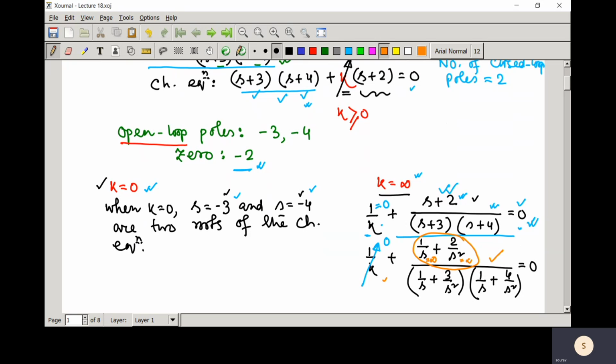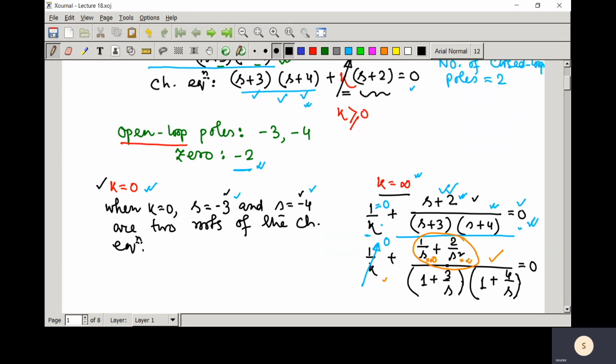Here I think there is a mistake, so that would be 1, because we are dividing by s square, so it would be 1 plus 3 by s plus 4 by s, otherwise it would be 0 by 0, which does not make sense.